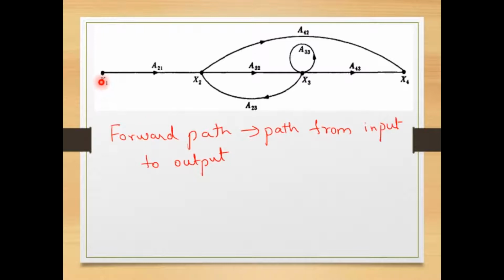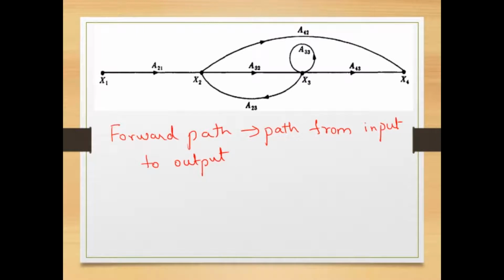One path is along x1, x2, x3, x4, with all the arrows along the same direction, so the signal passes from x1 up to x4. There is one more forward path, from x1 to x2, and x2 directly to x4. So we have two forward paths here.